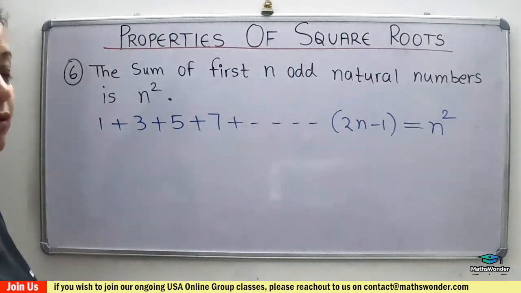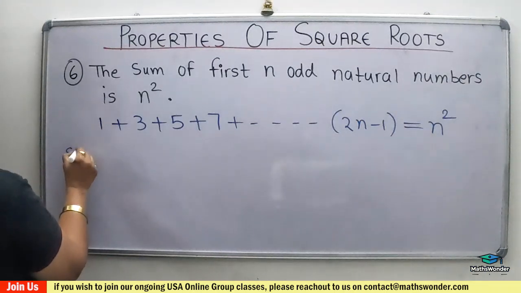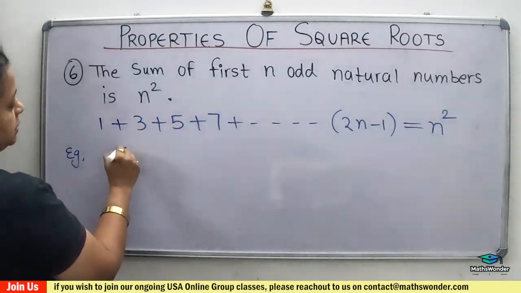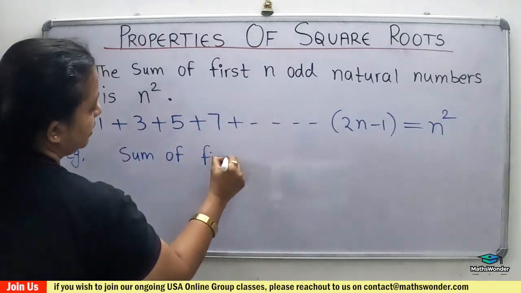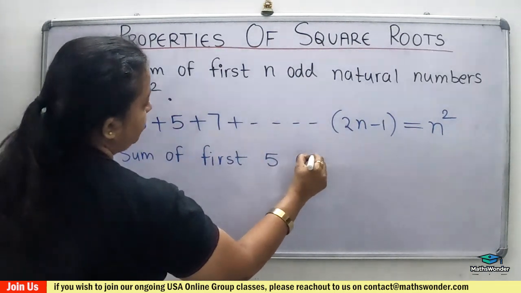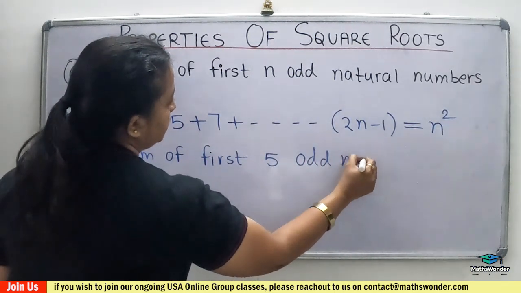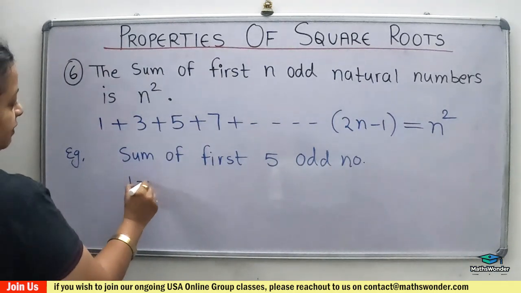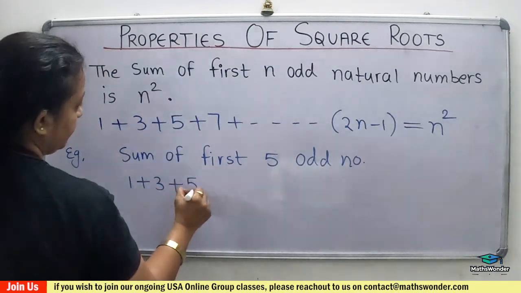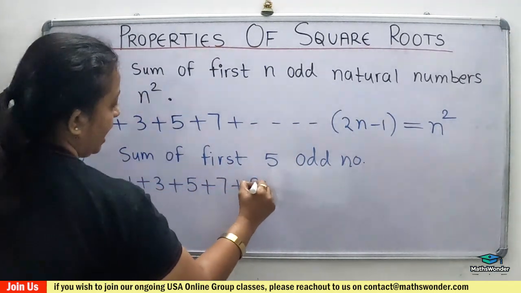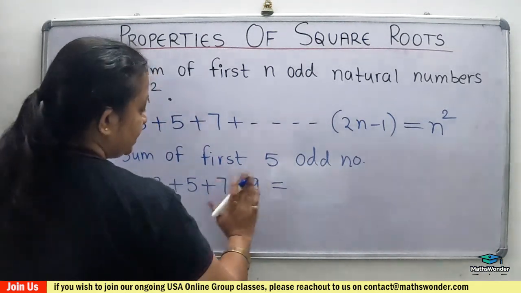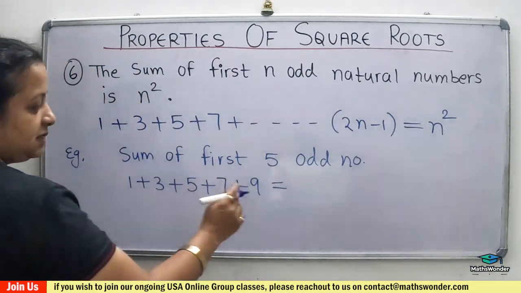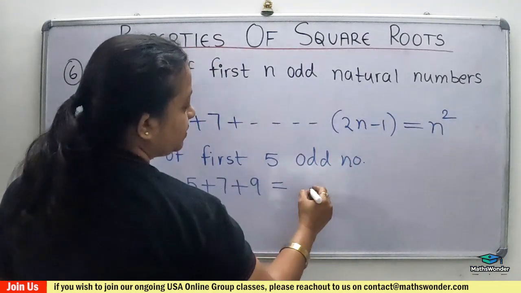I am giving one more example. Suppose the sum of the first 5 odd numbers. Tell me the first 5 odd numbers. The first 5 odd numbers are 1, 3, 5, 7, 9. So we are finding for 5 now. We are not adding in this process, we are just replacing n with 5.